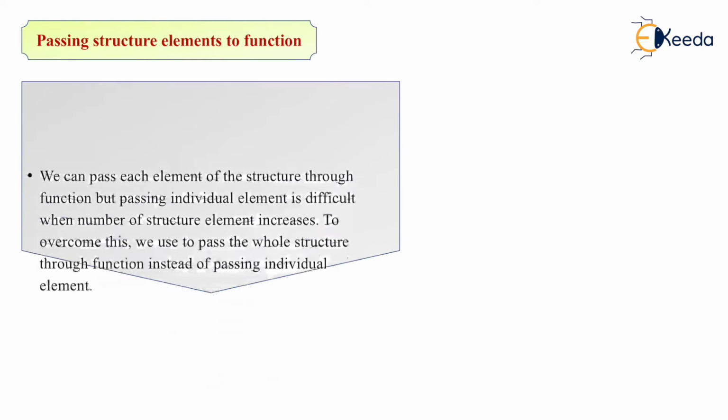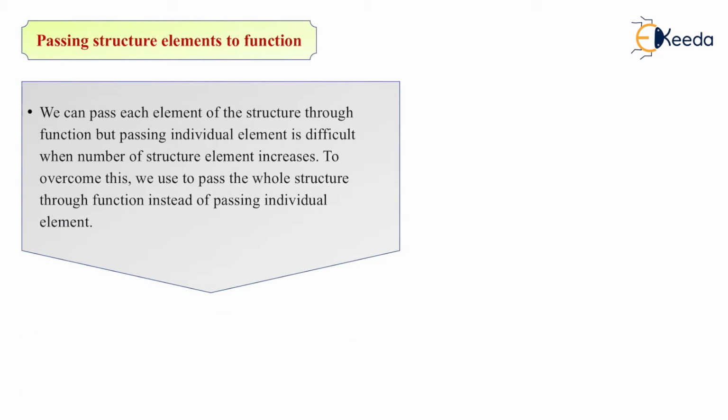Passing structure element to a function, how we can do that? We can pass each element of a structure through the function, but passing individual elements is difficult when the number of structure elements increases. To overcome this, we pass the whole structure through the function instead of passing individual elements.